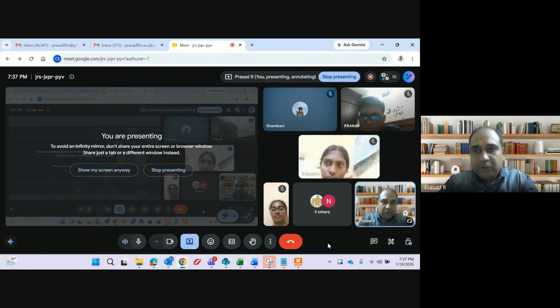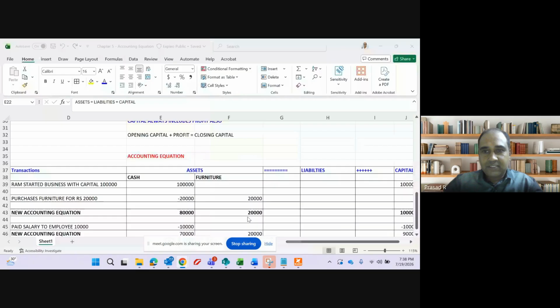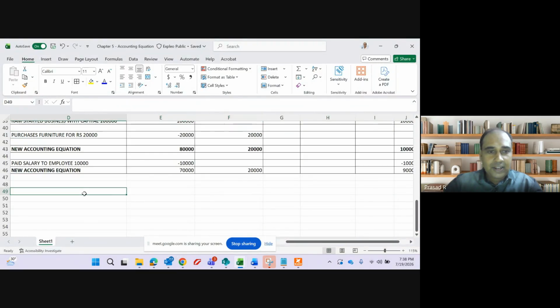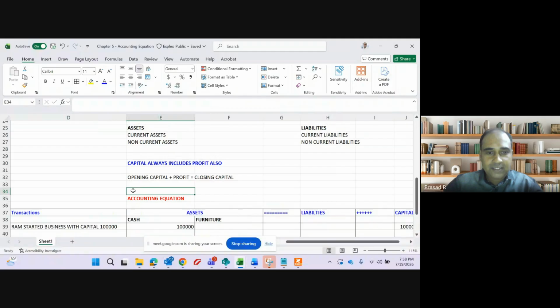So we will classify the ledgers into categories: assets, liabilities, income, and expenses. Which are the four categories, guys? You can note it down, guys. All transactions will be classified under these categories.